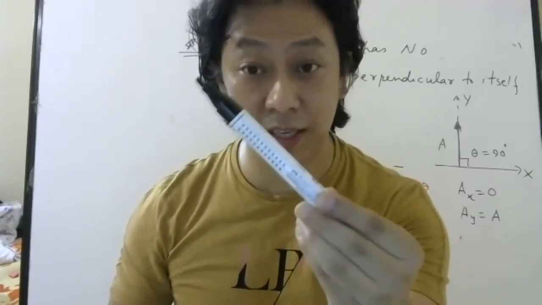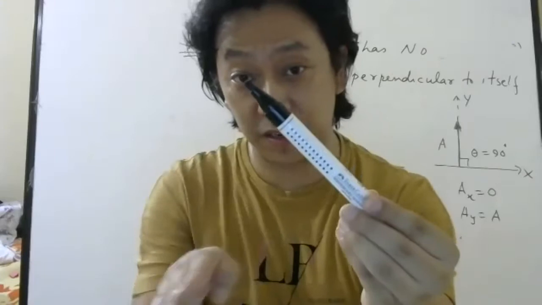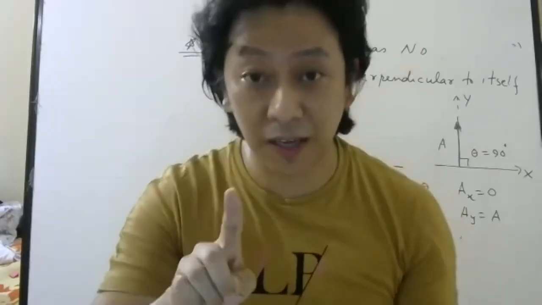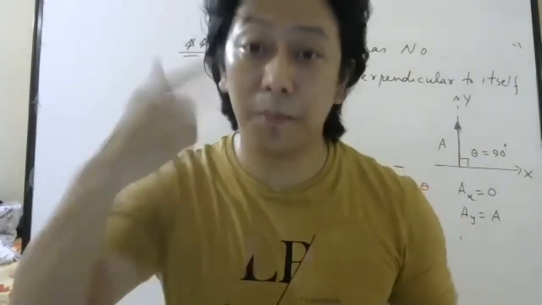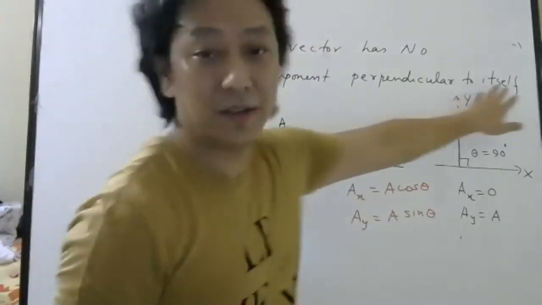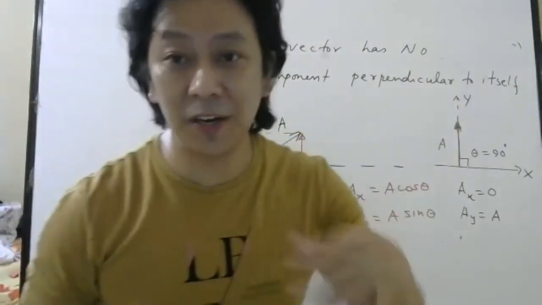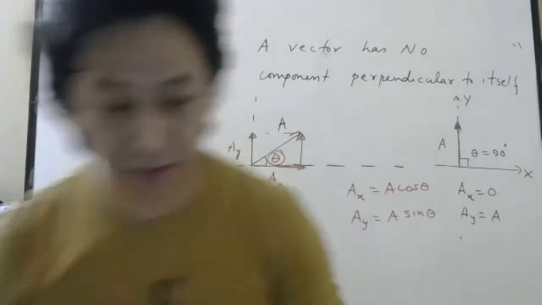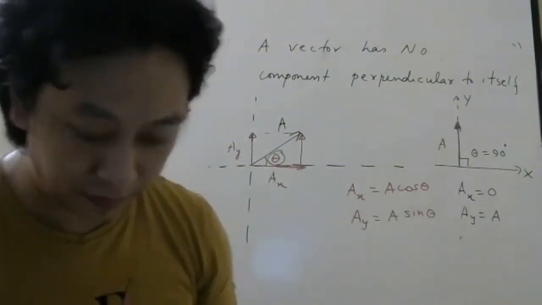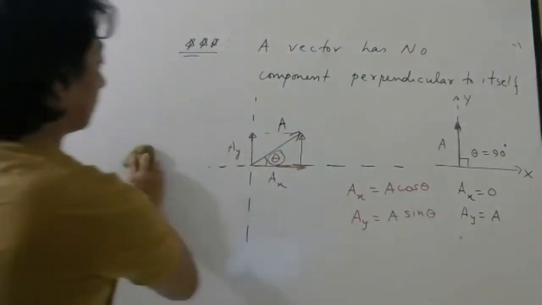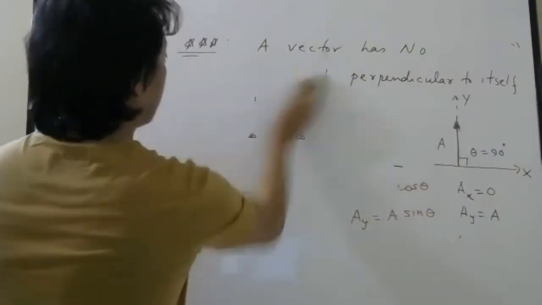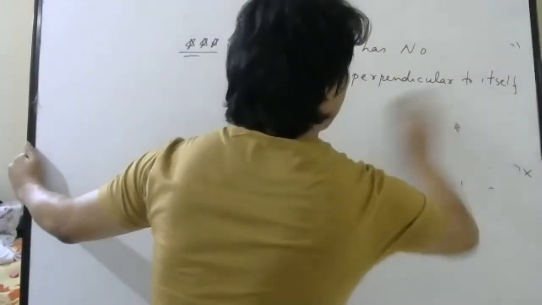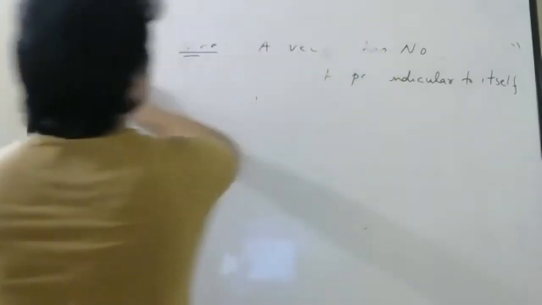Similarly, if a vector is here, then no component will be here. So a vector has no component perpendicular to itself. Please remember this sentence, very, very useful sentence. Later it will be useful again.